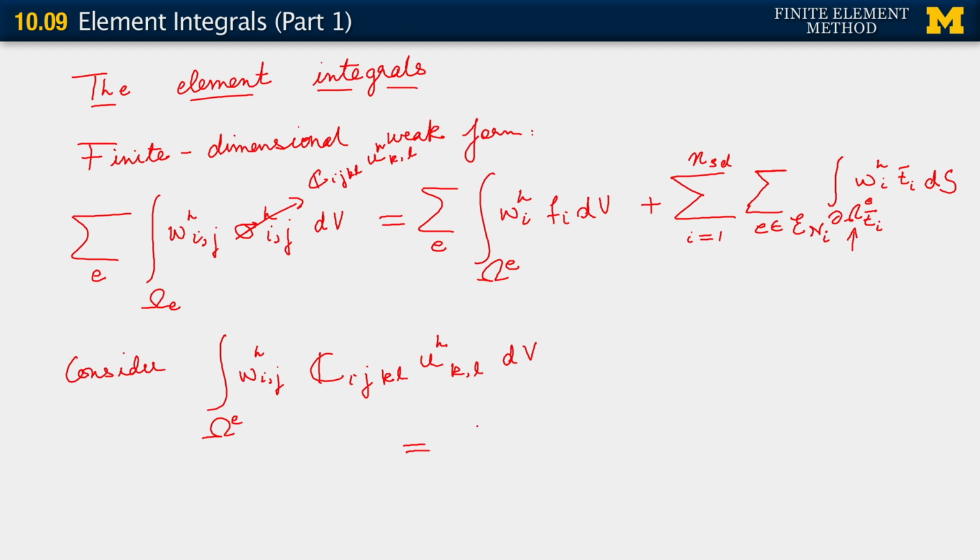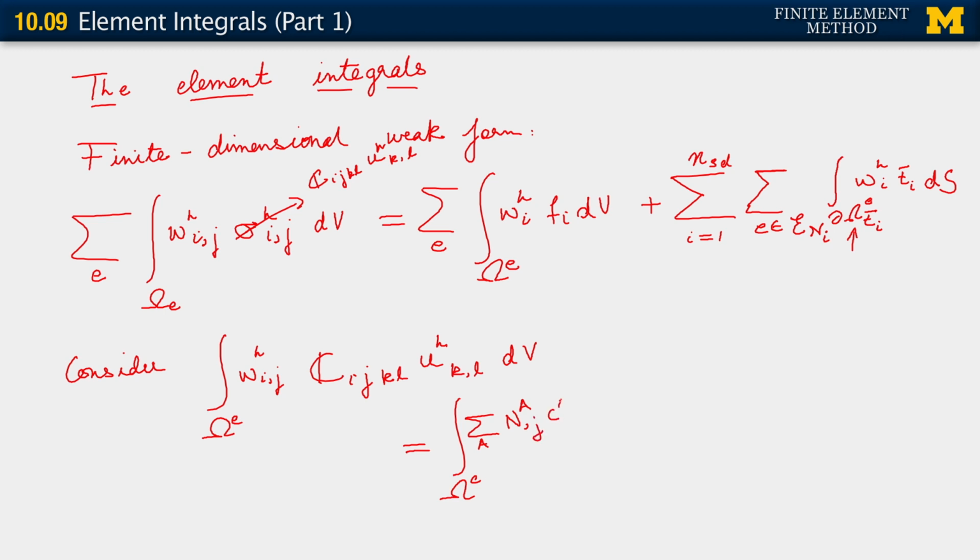We have here, again, allow me to skip, well, okay, I won't skip a step right away. I'm going to write this as an integral over omega e. The w^h_{i,j} is written as sum over A, N_{A,j} c_{Ai}^e.